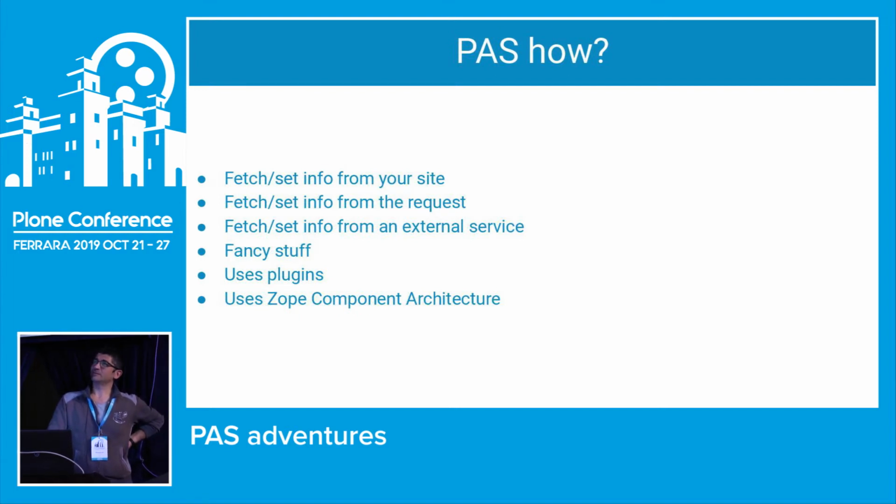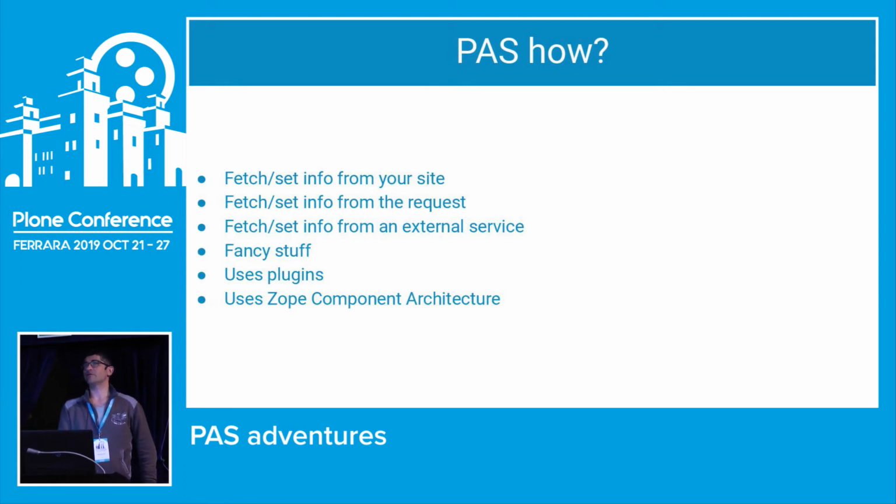How does PAS work? PAS can fetch or set information from your site about, of course, users and groups. It can do that, fetching or setting information from the request, and also from external services. So you can use PAS to connect, for example, to an Active Directory, Kerberos, a relational database, stuff like that.